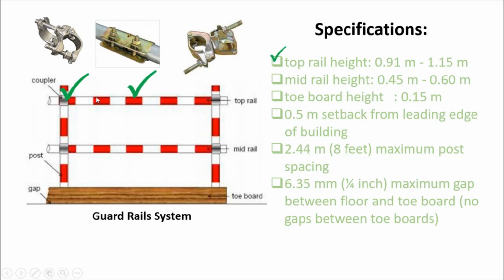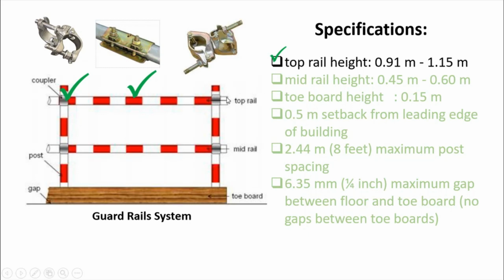The top rail is here on the edge protections. Top rail height should be 0.91 meter from the floor level to 1.15 meters maximum.